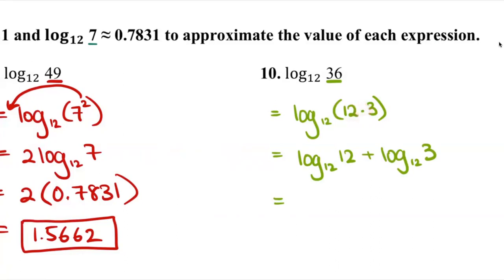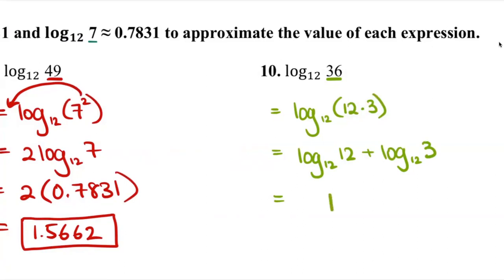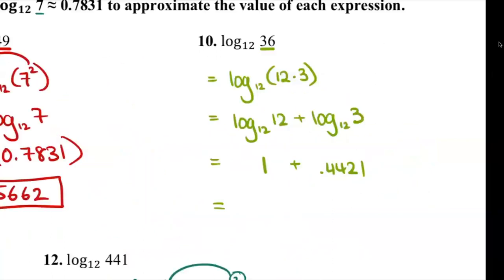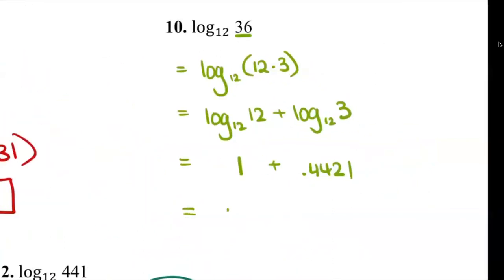And hopefully from the previous lessons, you know that log base 12 of 12 is 1. Because log asks the question, 12 to what exponent gets me 12? So 12 to the first exponent gets me 12. All right, so you have other numbers you can play with besides just the arguments of 3 and 7 that they give you. Okay, so this is 1.4421.